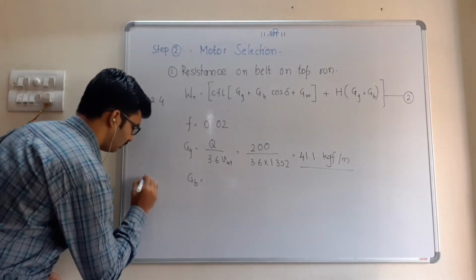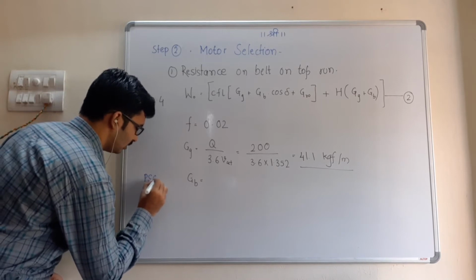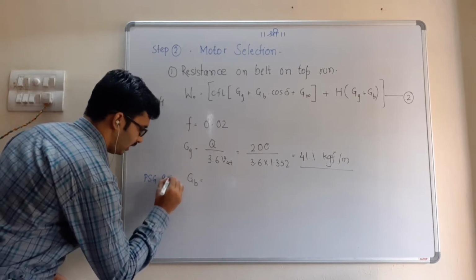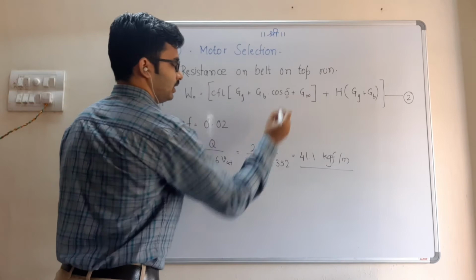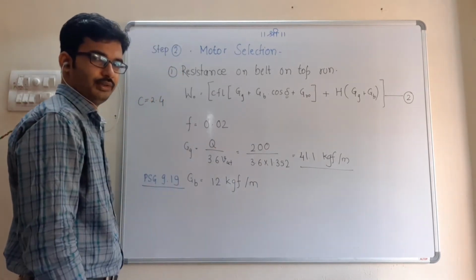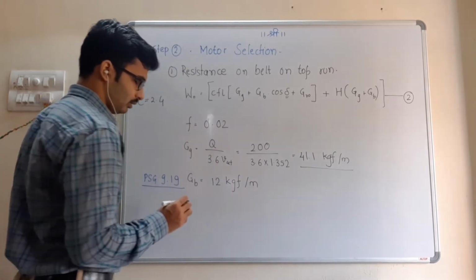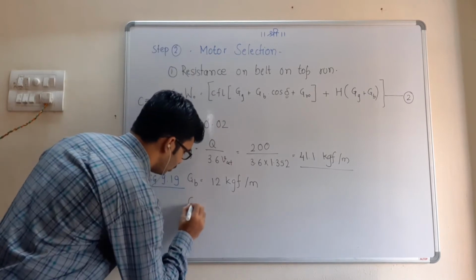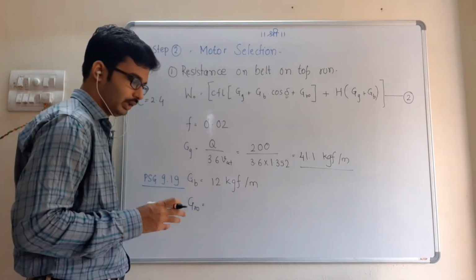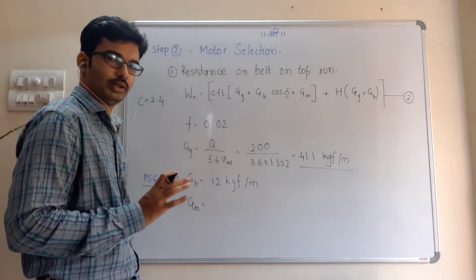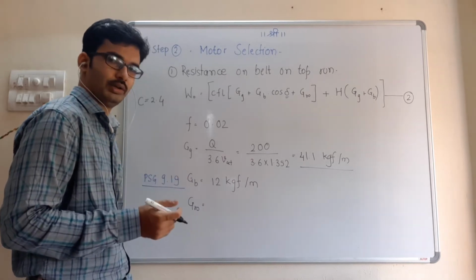So refer it from the table PSG 9.19. Delta is given in the problem statement itself, that is 15 degree, and GRO, that is weight of troughing idler on the top run per meter.